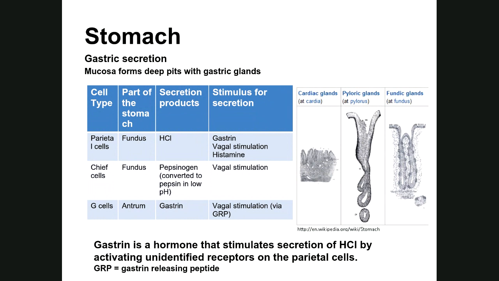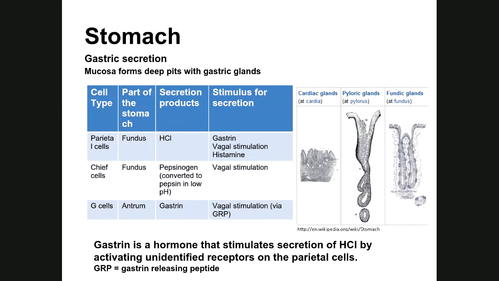And I believe that we will have some slides showing that. And they are under vagal stimulation. And we have those famous G cells that produce gastrin. Gastrin is a hormone that stimulates secretion of HCl. Look at how it works. They stimulate parietal cells to produce HCl.